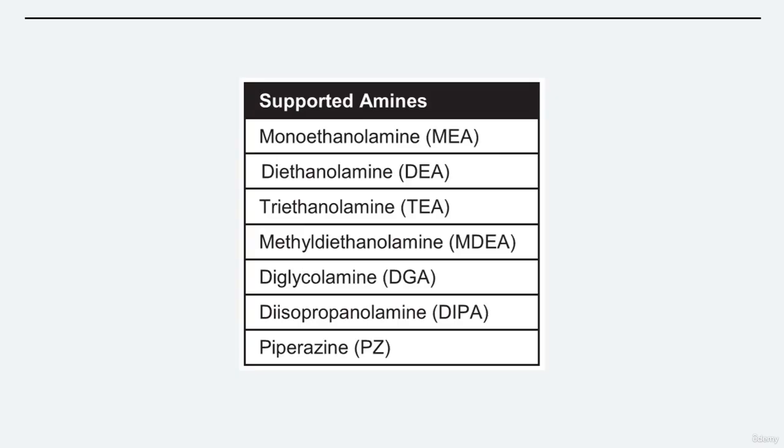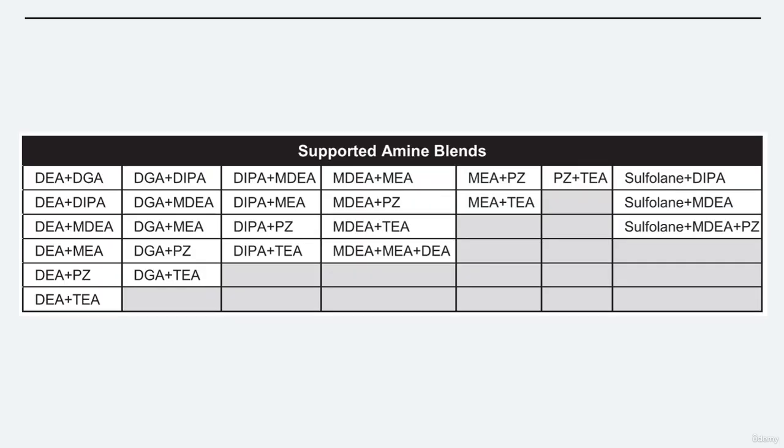In terms of the amine components, use the following list to ensure you are selecting supported amine components. Once employed in your flow sheet, the amine can be a pure component stream or consist of a blend of supported amines. Once your component list has been defined, note that you can view generated heat-stable salts.